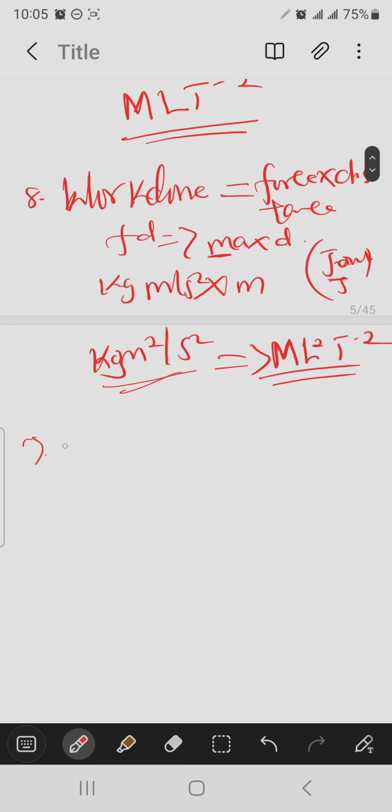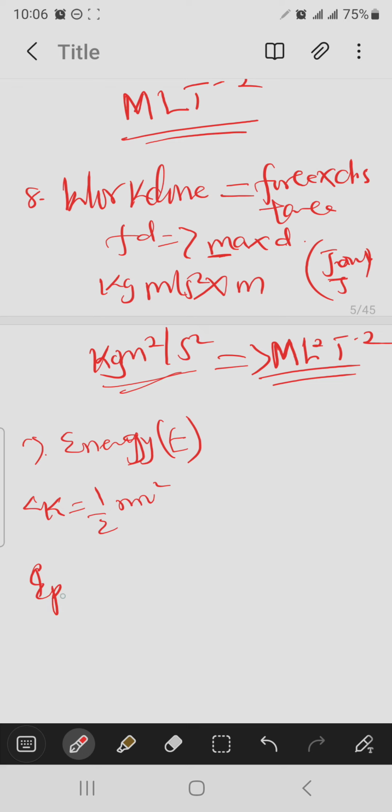Another one is energy. Energy can be in two forms. It can be kinetic energy, which is equal to what? Half mv square, or potential energy, which is E potential equals what? Mgh.